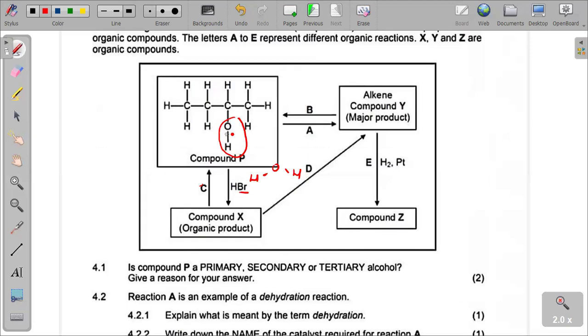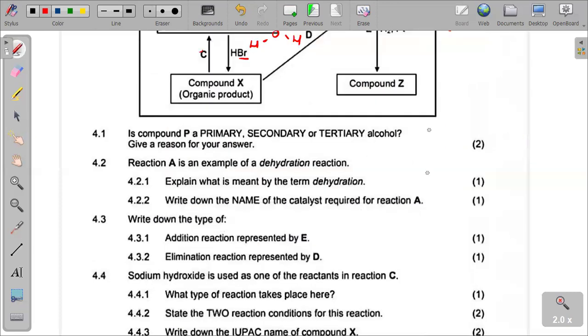So since it is butan-2-ol, when we remove the hydroxyl group, that's where we substitute, and that's when we are going to end up having the Br located there. So it's going to be 2-bromobutane. That becomes the name of our compound X. Right, the next question now, 4.4.1.